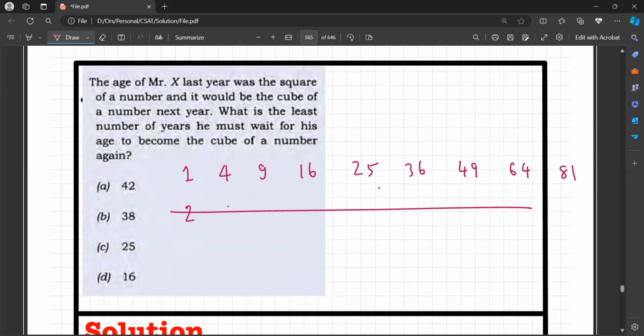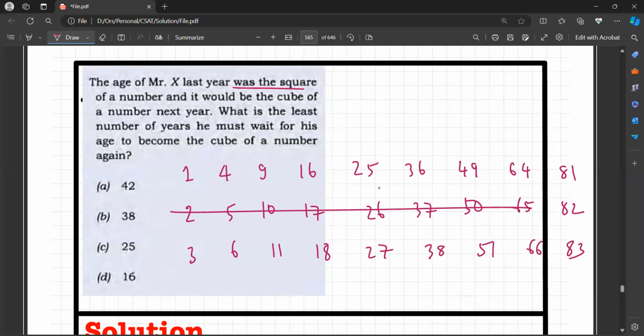Second, the current year will be 2, 5, 10, 17, 26, 37, 50, 65, 82. Then the next year would be 3, 6, 11, 18, 27, 38, 51, 66, 83.